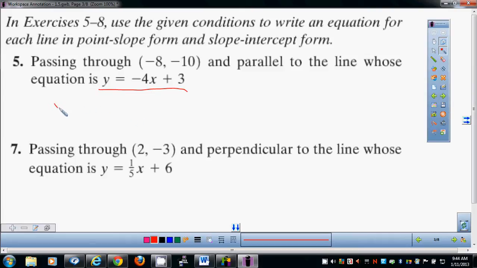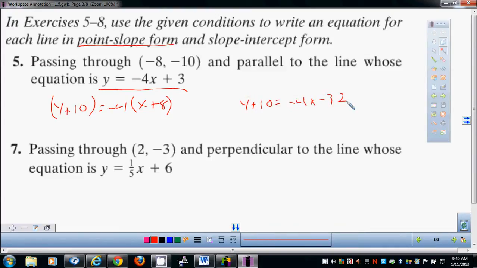So point slope, y minus -10 equals the parallel slope, which is the same, times x minus -8. Boom, first part's done. Slope intercept, y plus 10 equals -4x minus 32. Subtract the 10. And boom, there's slope intercept form, and you're done.